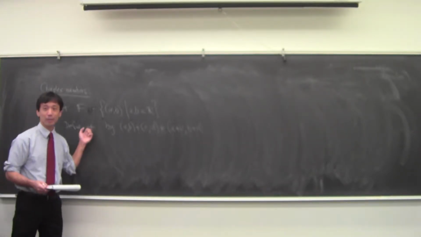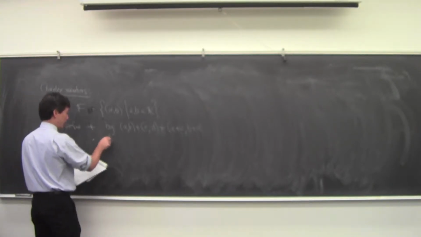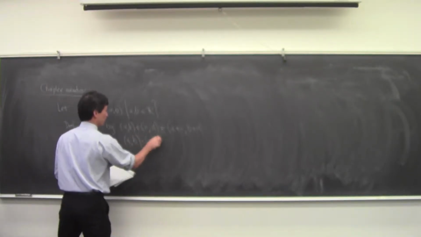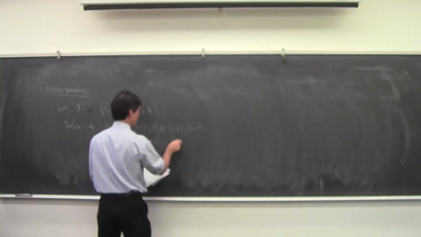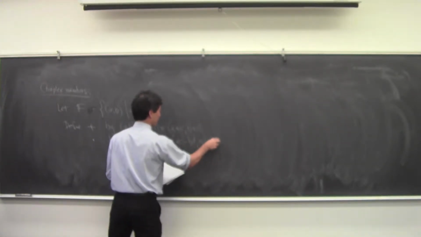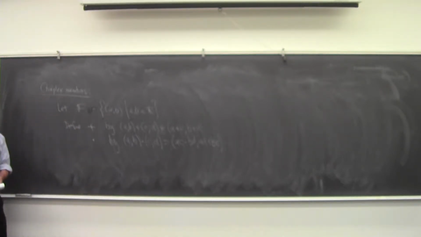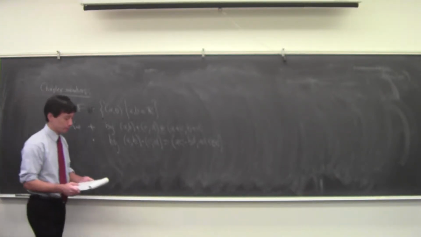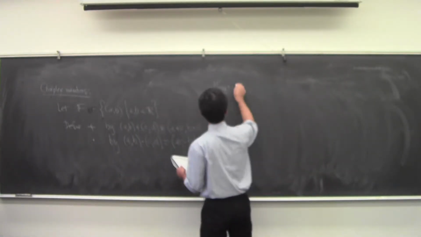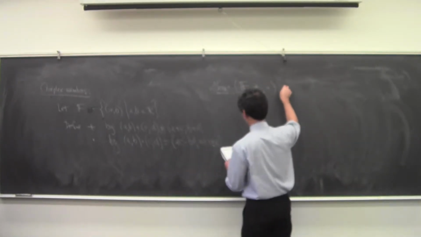That's our sum operation. And we also define a multiplication by saying that AB, the product of two things, is going to be AC minus BD, AD plus BC. And so then we have this theorem that this thing with the plus and the dot is a field.